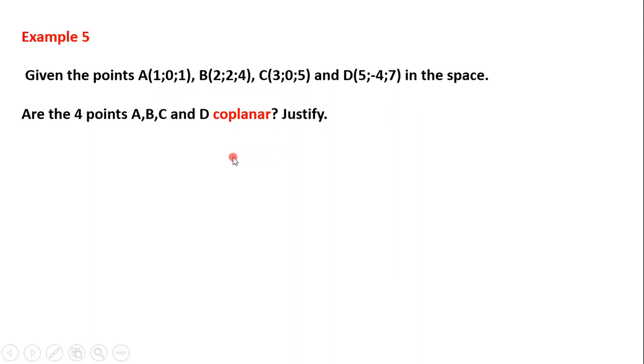We determine alpha and beta from the first 2 equations, or the second 2 equations, or any 2 equations. Then we verify these 2 values in the third equation. If alpha and beta verify the third equation, then the 4 points are coplanar. If not, then the 4 points are not coplanar. Take your time. Check your answer.